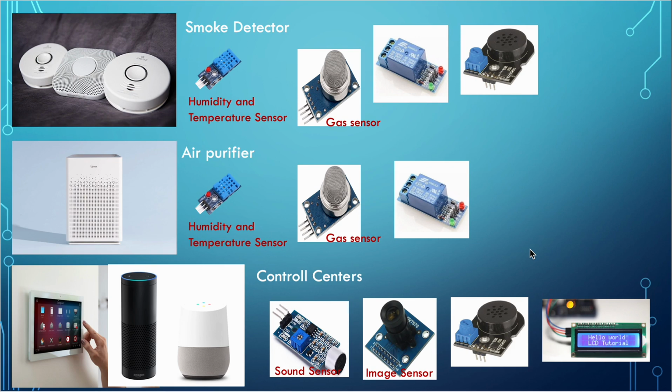Then we have the air purifier. The air purifier will also have the same kind of sensors: humidity, temperature sensors, and gas sensors, which would detect the particles in the air and how much impurity is available in the air, and they can switch on and off accordingly.